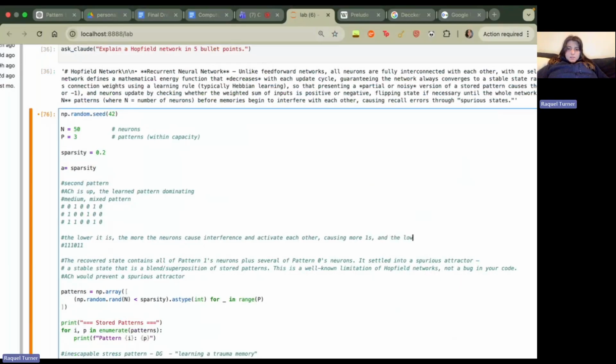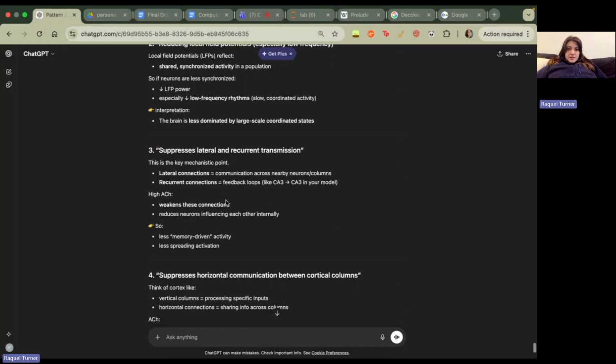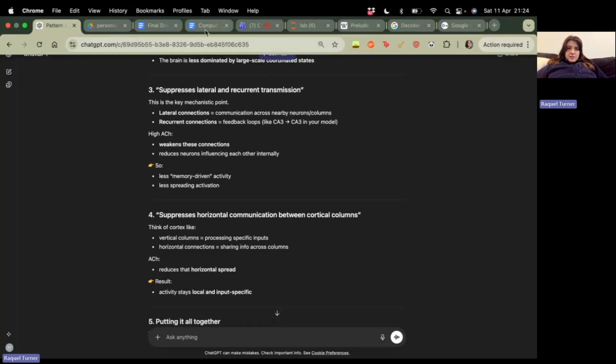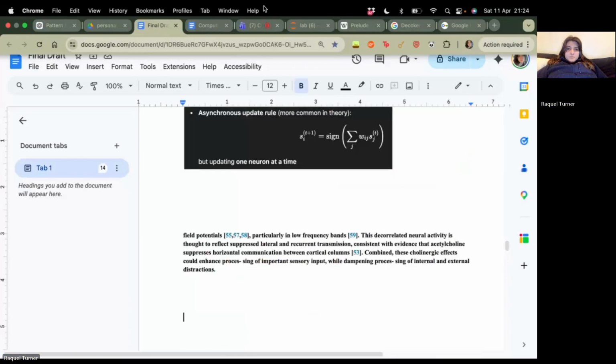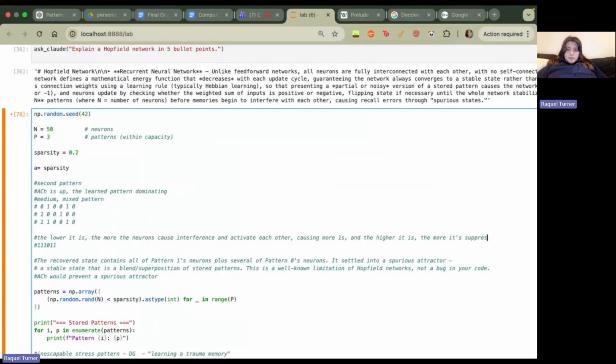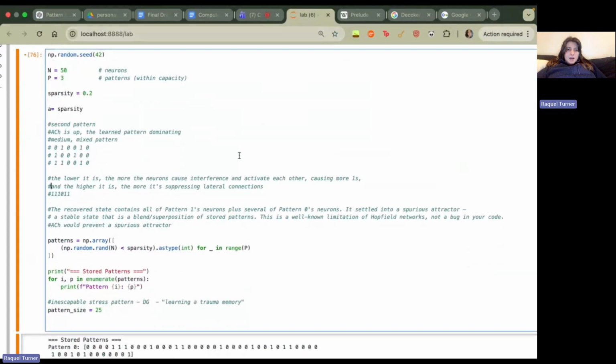And the higher it is, the more it suppresses lateral connections. So as it's going up, the more it's suppressing lateral connections. So yeah, that's what's going to be happening here.